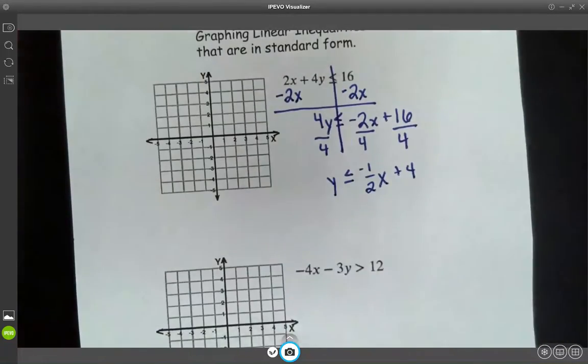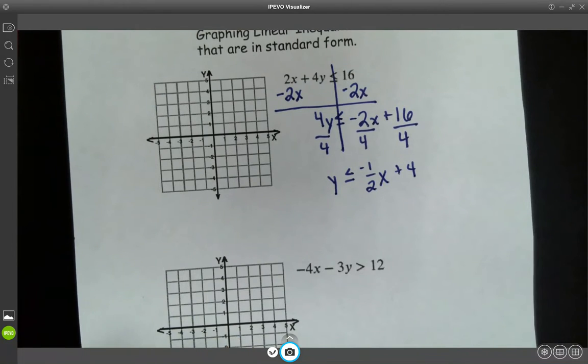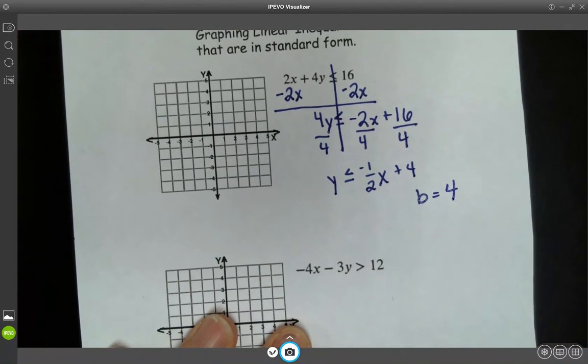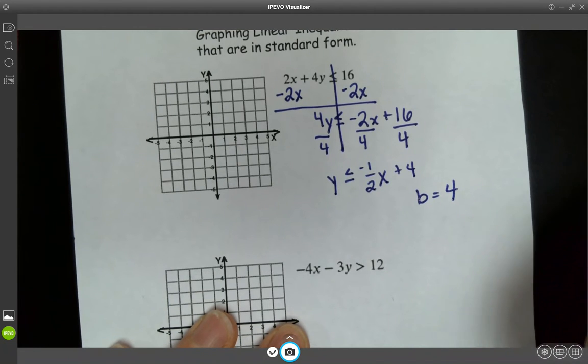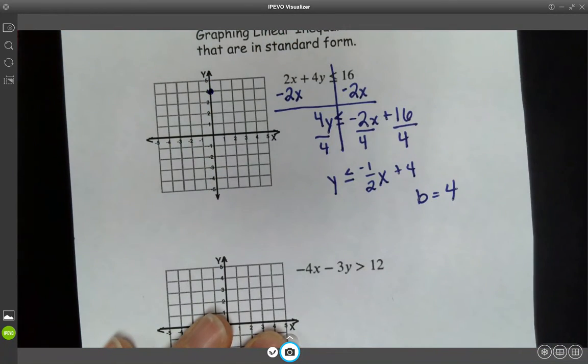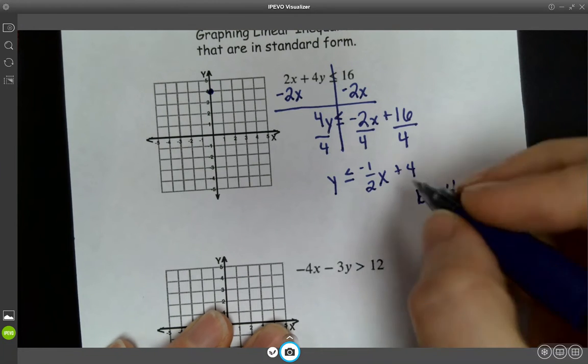So in order to graph, we have it in the mx plus b form. So I'm going to write down what b is. B is 4. So that's where we start with our graphing. So plot your y-intercept at 4. And then you do your slope.